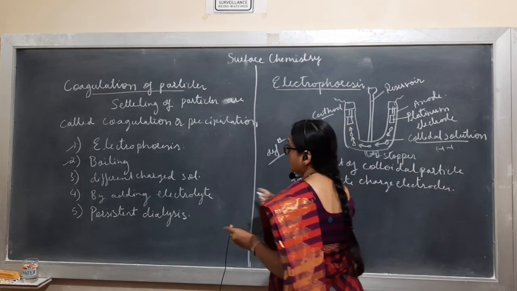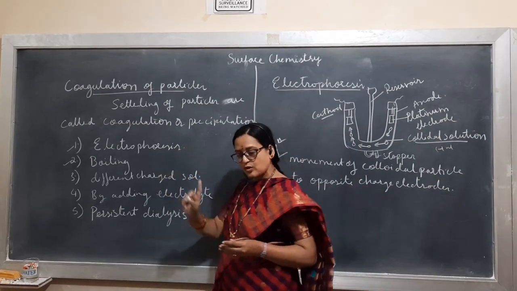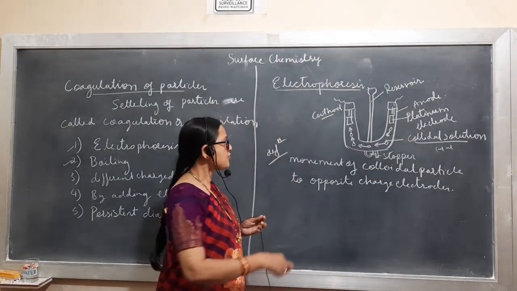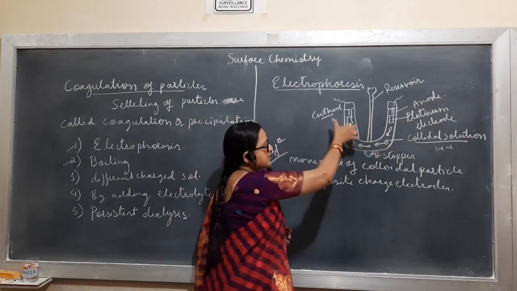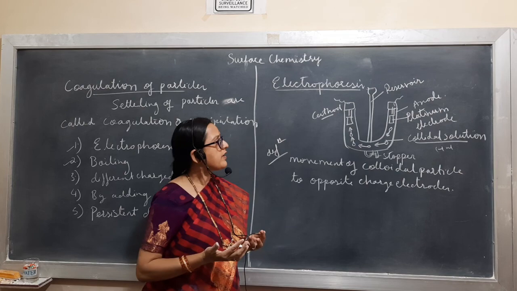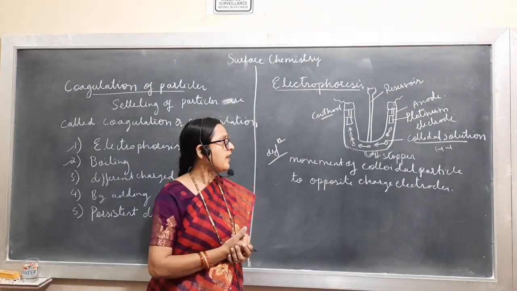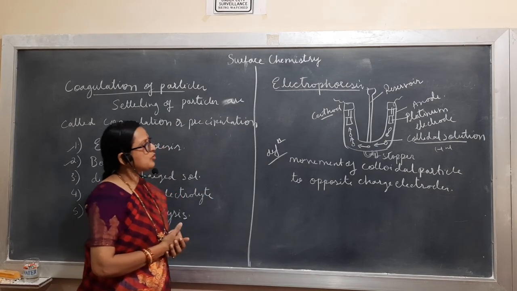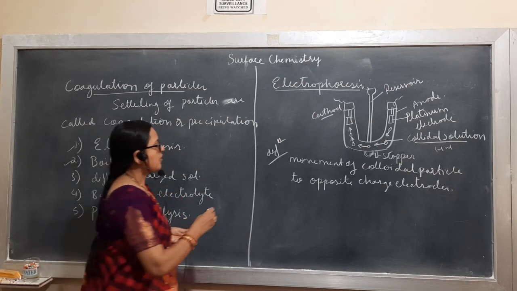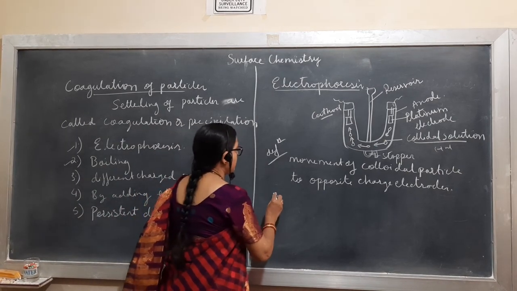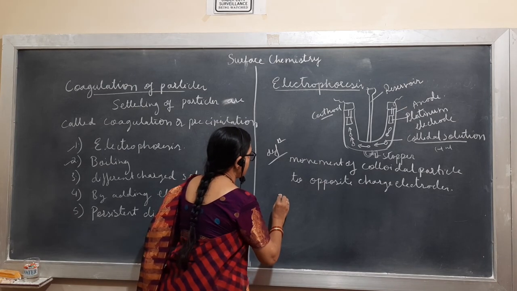Here we have taken an example of electrophoresis. What happens here? By electrophoresis, all the charged particles are removed, then the colloidal sol will not have any charge and coagulation occurs. After this, we are going to move on to the next thing.